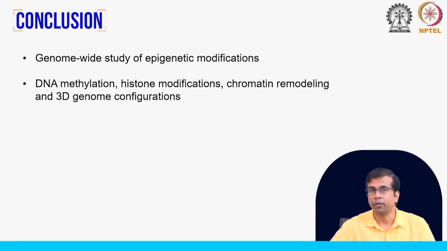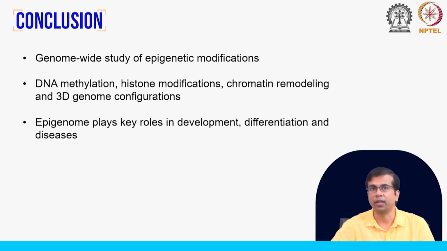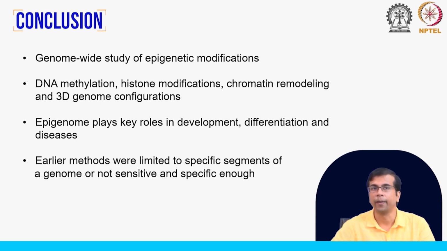We will talk about all these different types of modifications later on, and how we identify them through application of next generation sequencing technologies. We have also seen that the epigenome plays key roles in development, differentiation and diseases. For example, in a disease like cancer, this has been well studied.